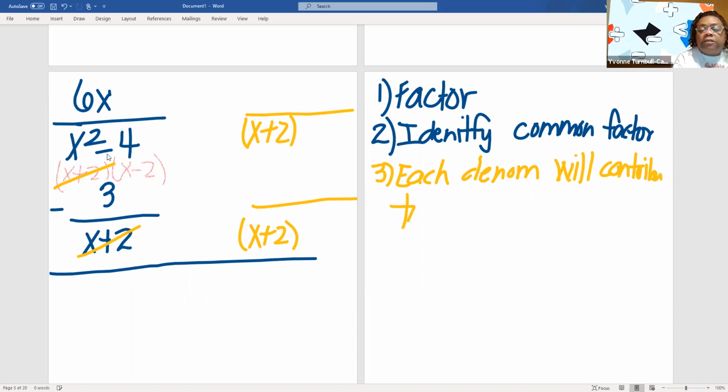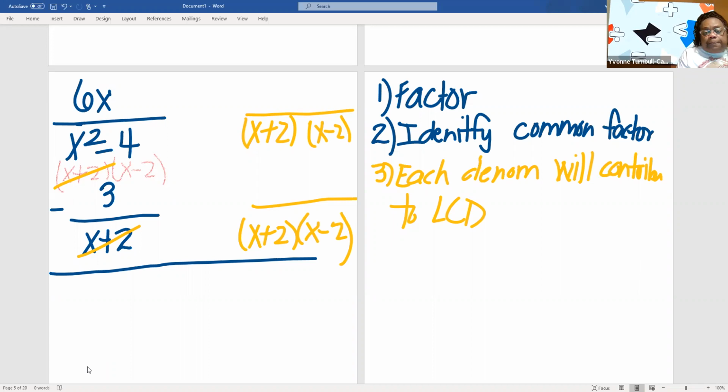If they have nothing to contribute, then they don't have anything to contribute. Now, if you look at the top fraction, x minus 2 is not crossed out. So x minus 2 can be contributed to the LCD. So we can go ahead and add x minus 2 to our LCD. The bottom fraction, on the other hand, has nothing to contribute, and that's okay.